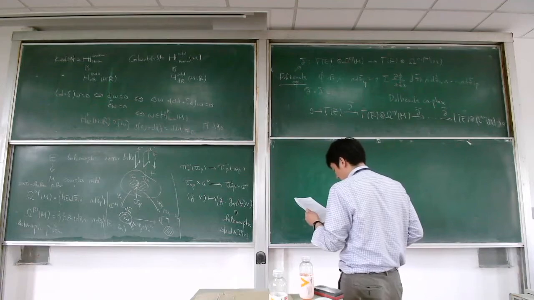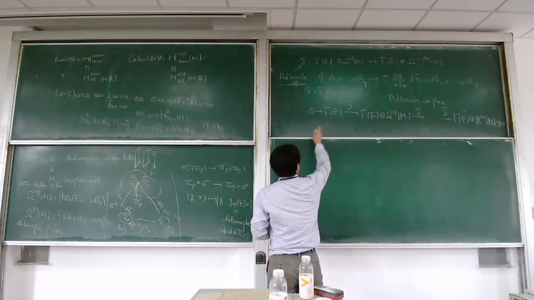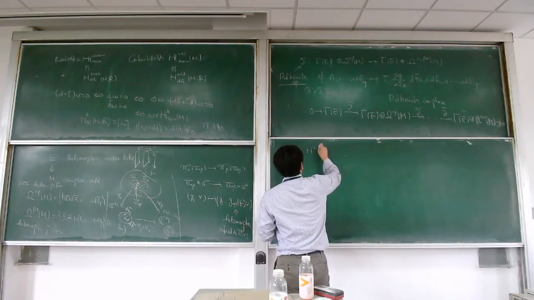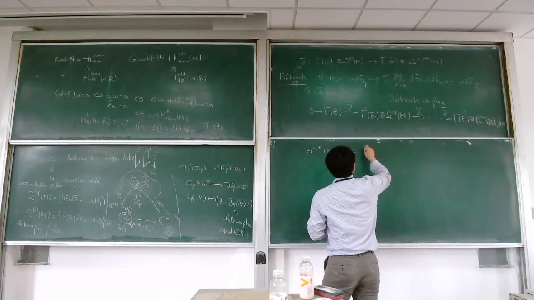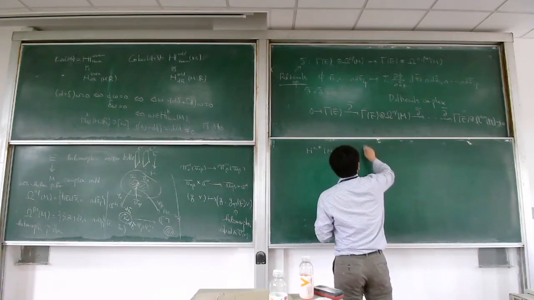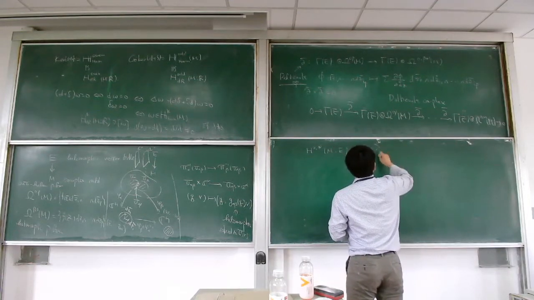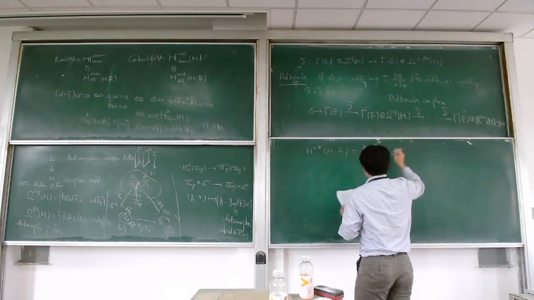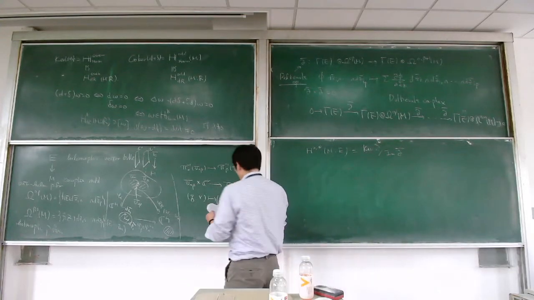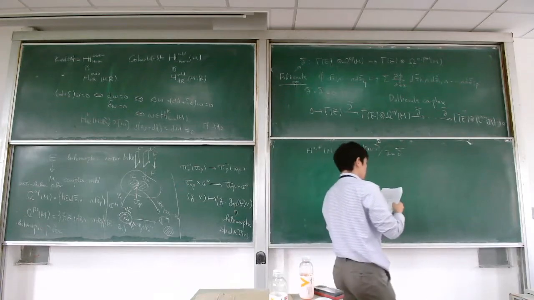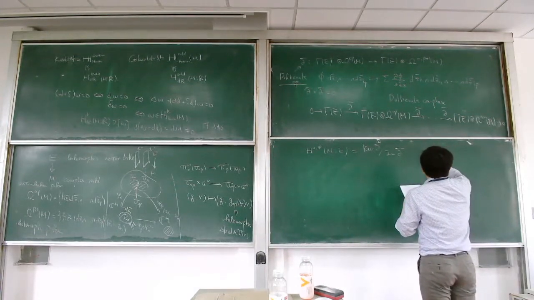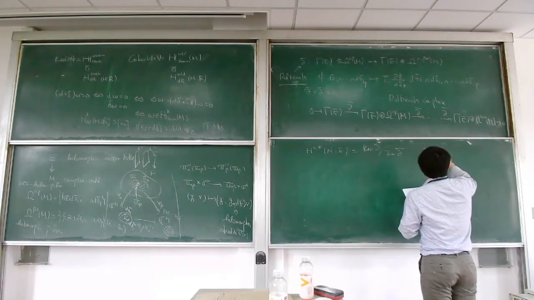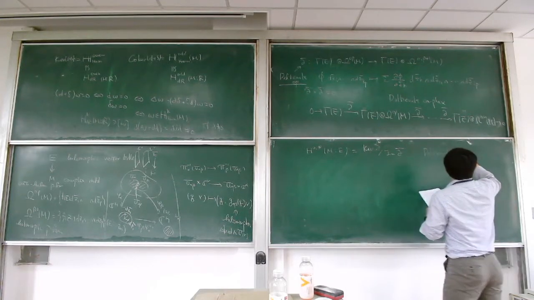Okay, and then the cohomology of this one can be written as follows: again the kernel of the ∂-bar operator over the image of the ∂-bar operator. So that's called the Dolbeault cohomology.